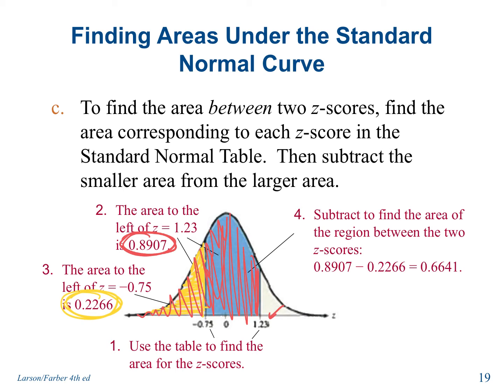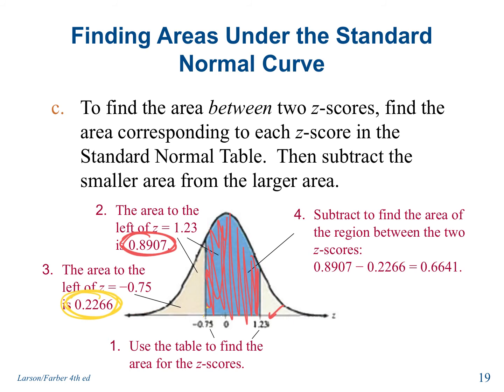I only want the blue region, and the yellow and the red region overlap. Therefore, if I take the area to the left of 1.23 and subtract off the area to the left of negative 0.75, I'm removing that yellow region.